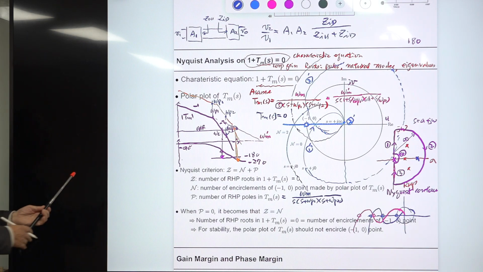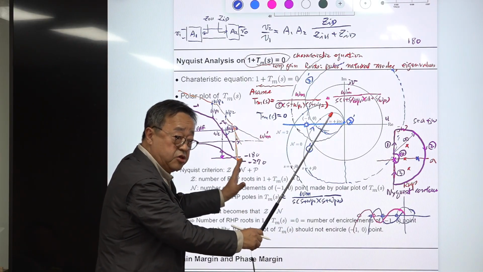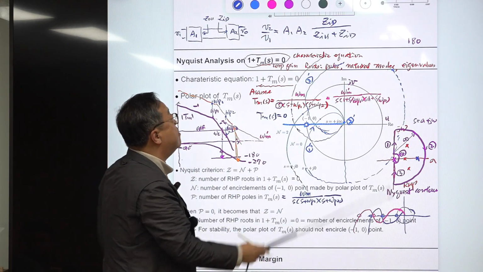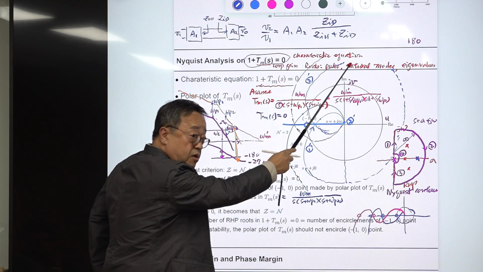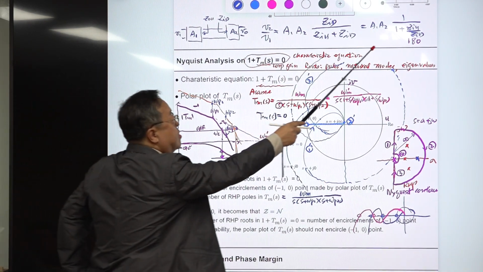So this is stable, so it does not have any RHP root in the characteristic equation, and it does not have any RHP root in the characteristic equation. Then the problem is this one. Then you modify this, divide numerator and denominator by GID, then 1 plus GIU divided by GID. Okay?